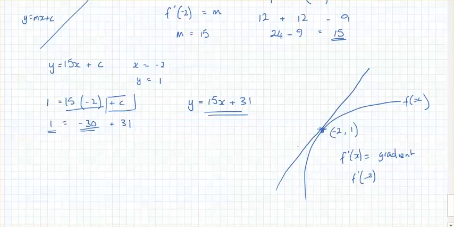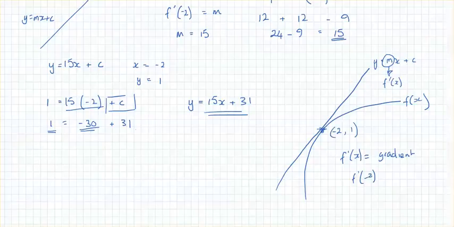Now that is the same gradient as the tangent line. So if that's y equals mx plus c, we know from our linear functions that m is equal to the gradient. So we know for a tangent that m is the same as f dash of x at that point. Yeah. So we'd already worked out f dash of x was 15, so we put that in, and then we just have to work out the next bit.